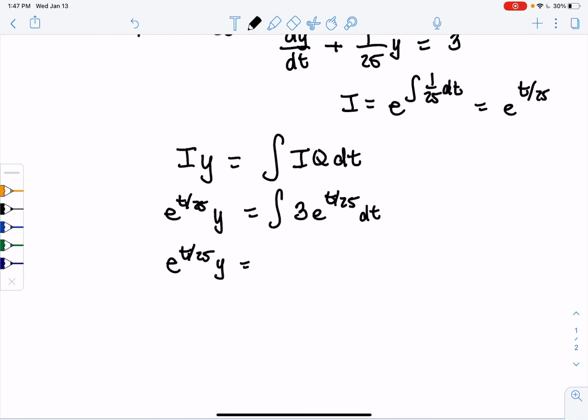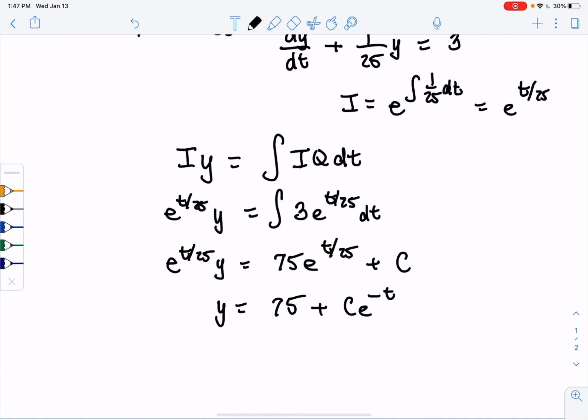When we integrate e to the t over 25, we divide by 1/25, which means multiplying by 25. So that's going to be 75e to the t over 25 plus an arbitrary constant. And now we divide through by e to the t over 25, which means multiplying by e to the negative t over 25. And all of a sudden, there we have it.